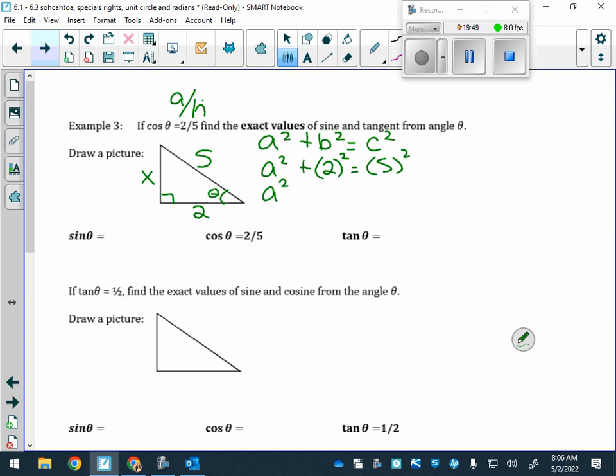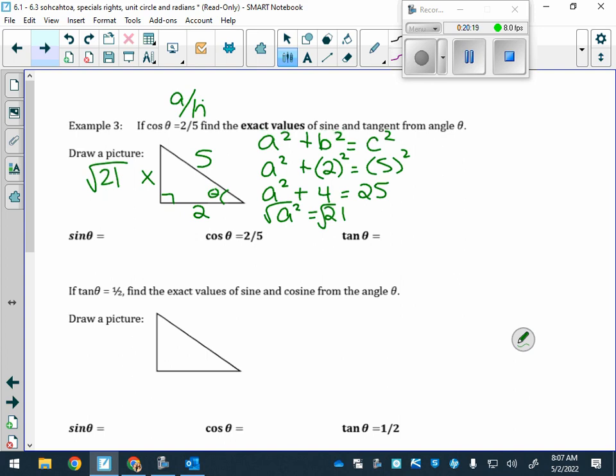We have A squared plus 4 equals 25. Now we have just our missing side length. For right now, we're just going to take the positive, because typically when we're solving, we should have plus or minus, right? But for now, we're just going to stick with the positive. Okay? So now we found our missing side length.